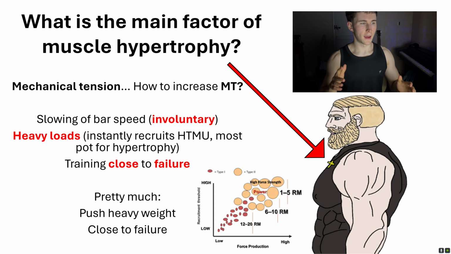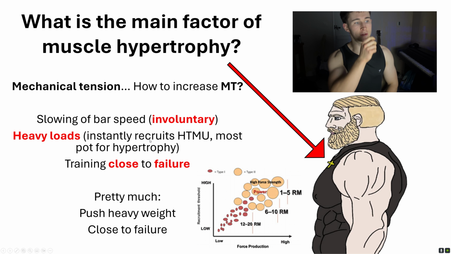So heavy loads instantly recruit high threshold motor units. Motor units control all of your muscle, essentially. And you want to recruit the largest muscle fibers, which is Henneman's size principle here. You recruit the largest muscle fibers, which have the most potential for hypertrophy.